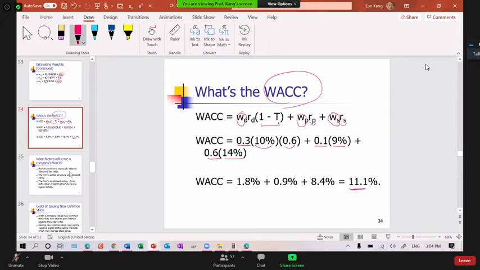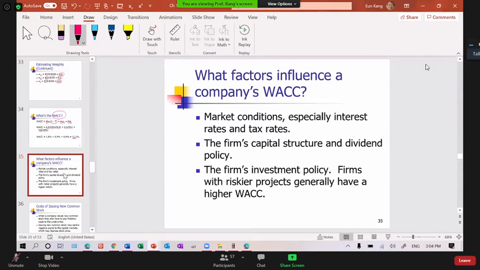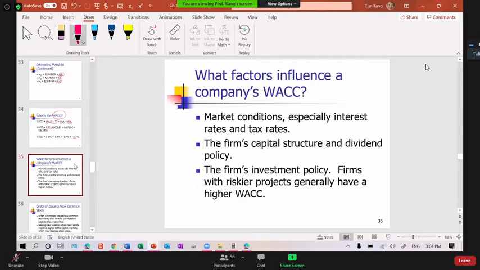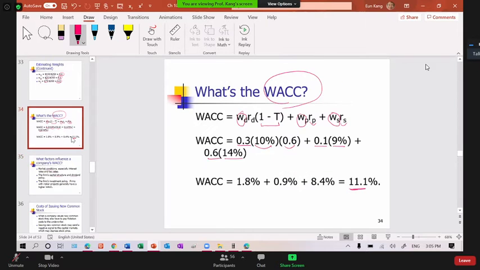Then what factors influence a company's WACC? Each component will affect WACC. So market conditions, especially interest rate and tax rates, definitely affect WACC. And the firm's capital structure and dividend policy definitely affect these weights, right?